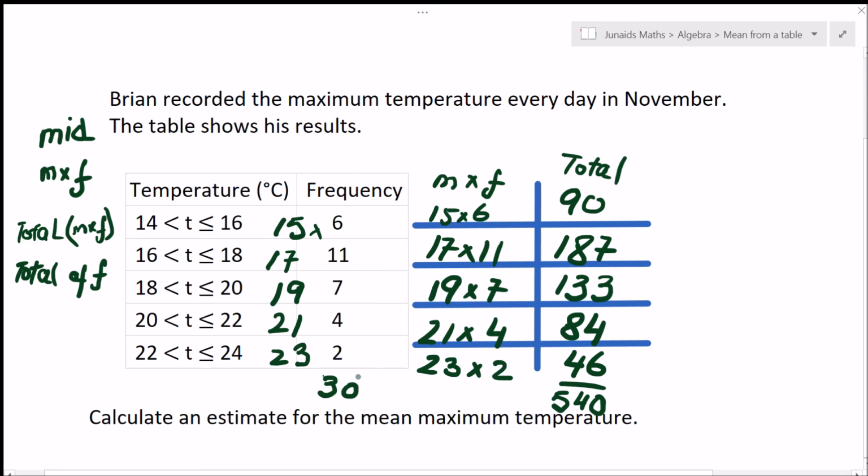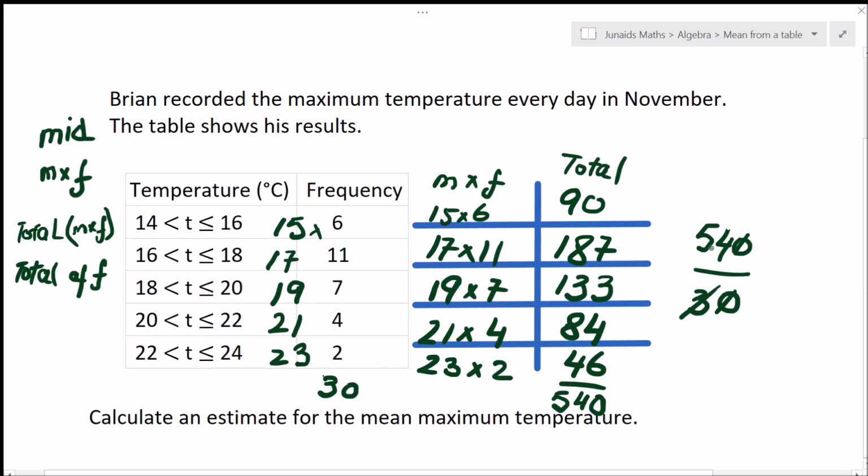Okay, now once we do that, our final step is to go ahead and work out the answer, or estimate the mean. Now divide the total of whatever you've got from here, which is 540, by the frequency total, which is 30.